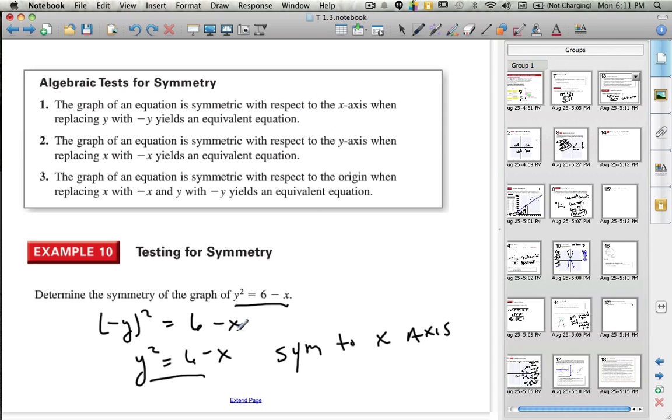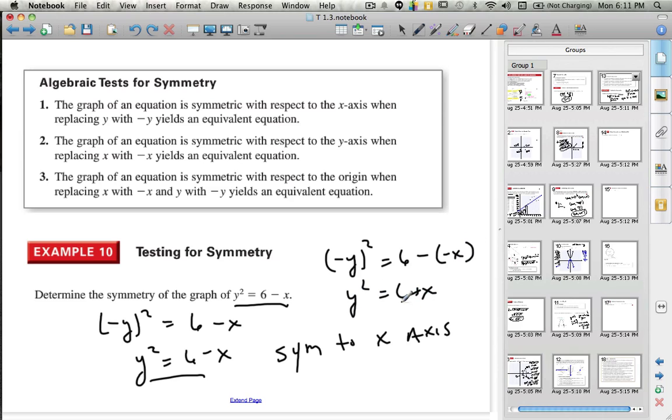Equally, if that had failed, then I might have tested by switching x with -x. And if that didn't work, then I might have switched x with -x and y with -y to see what happens. So, for instance, if I wanted to test that by switching x with -x, we'd see that my y would be okay, but here I get y squared is equal to 6 plus x.